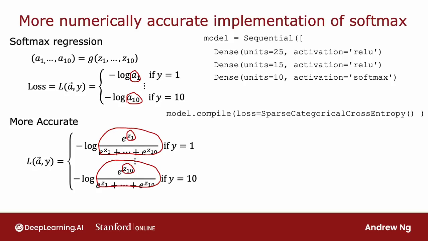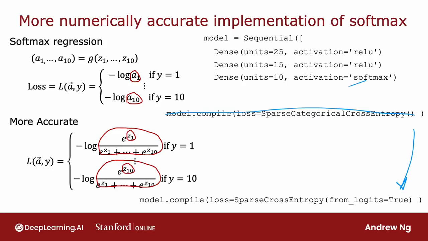So the code for doing this is shown here. In the output layer, we're now just using a linear activation function. So the output layer just computes z1 through z10, and this whole computation of the loss is then captured in the loss function over here, where again we have the from_logits=True parameter.